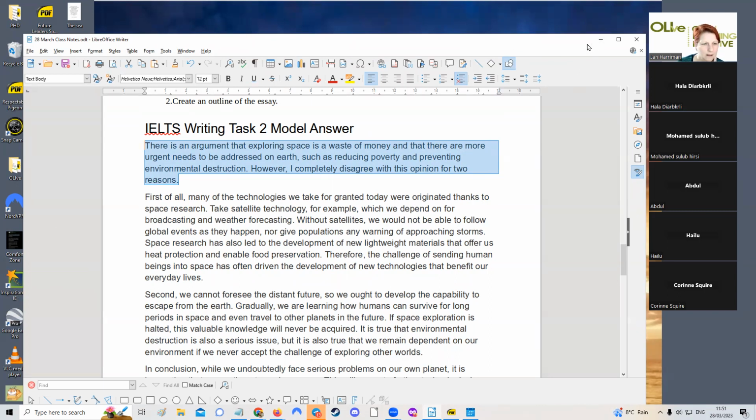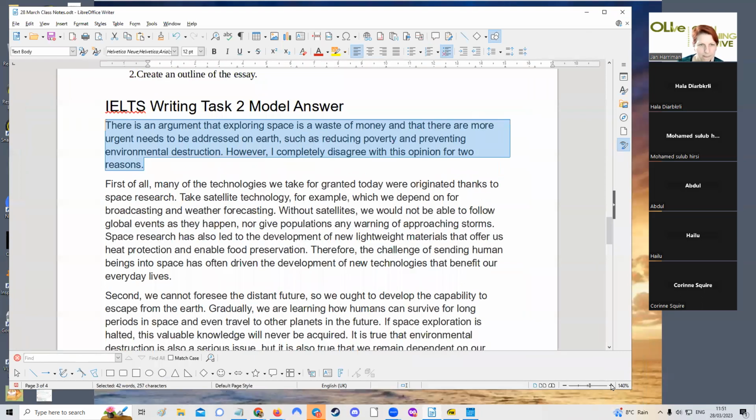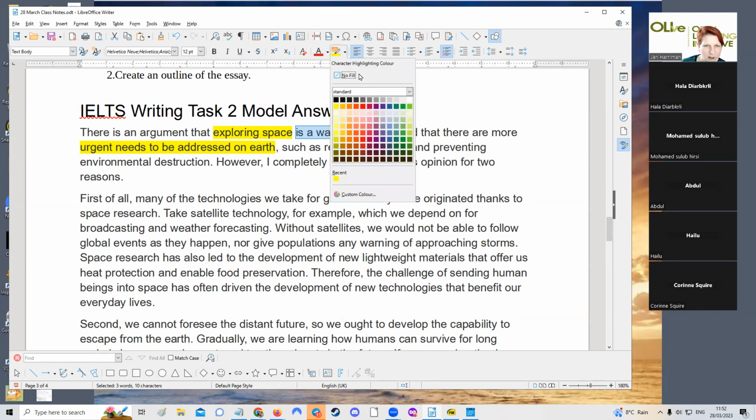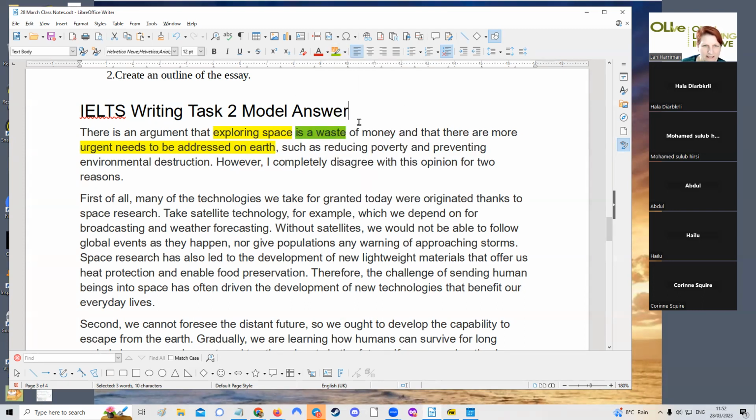To spend money on researching on space, waste money, and we have a lot to do on Earth to help people. Exploring space in one word. And urgent needs on Earth. And what's our opinion, the keywords are, is a waste.